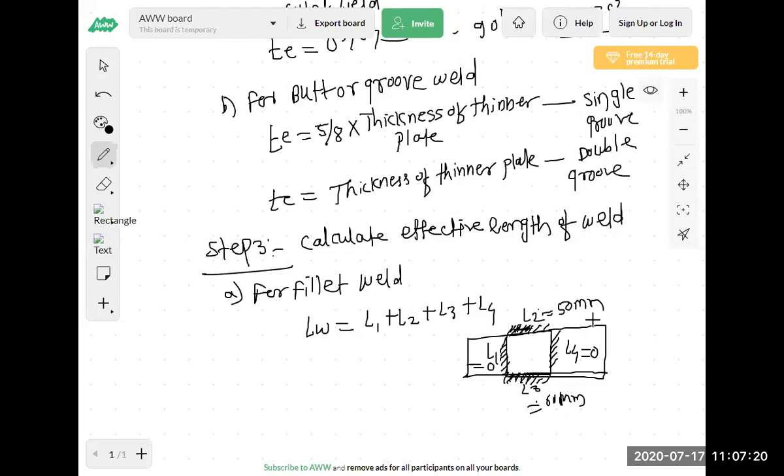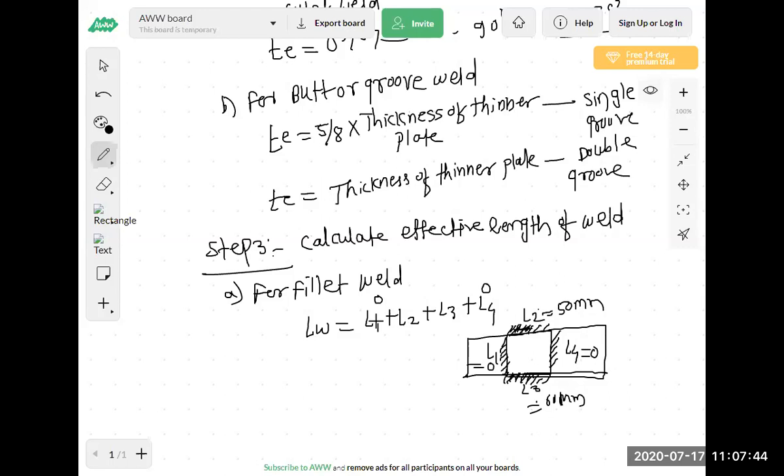So here LW is 50 plus 60 is 110. So L1 is 0 and L4 is 0, because they have not given in the problem statement how much length we have to weld. Whatever length they have given in the problem statement, we have to add all of them.